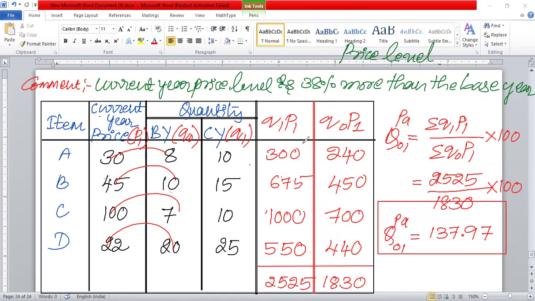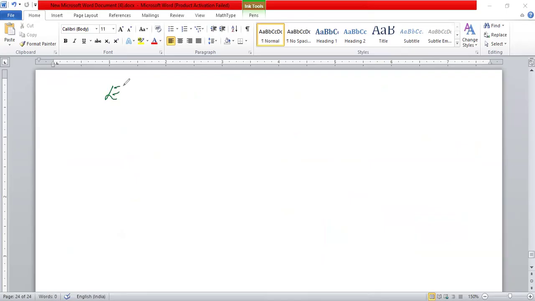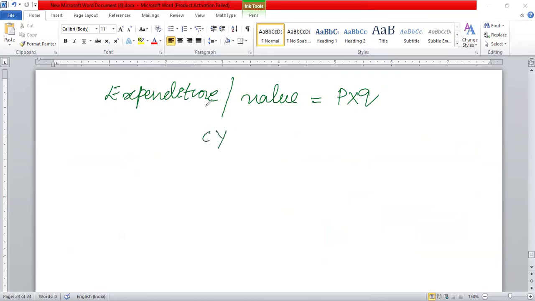That is called expenditure problems, or value problems. Let's see how it is. We'll explain in 2 minutes. Expenditure is nothing but value, which is equal to price multiplied by quantity. When they ask for current year expenditure or value, your answer should be P1, Q1.